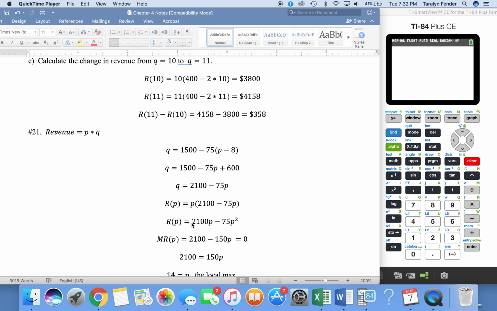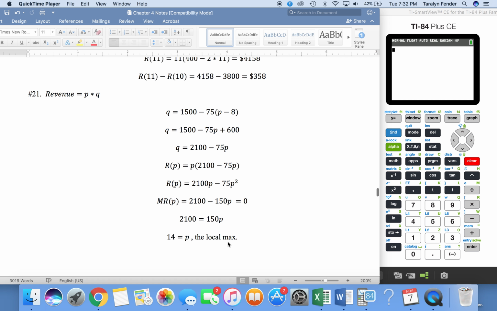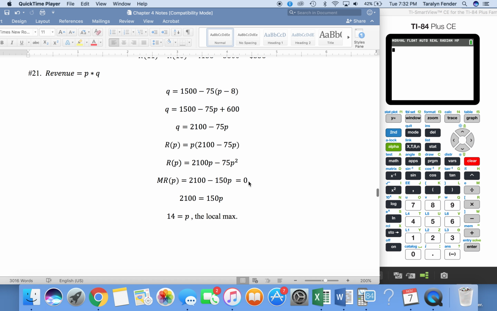And we have 2100p minus 75p squared. Marginal revenue would be 2100 minus 150p. So set that equal to 0 and find that the price of $14 is the price that will maximize the revenue.